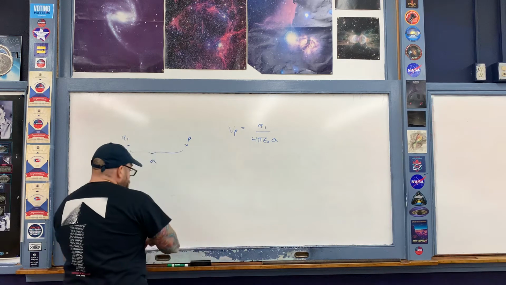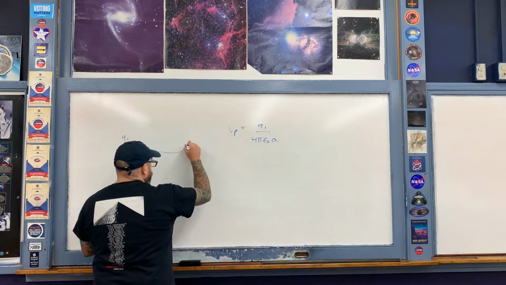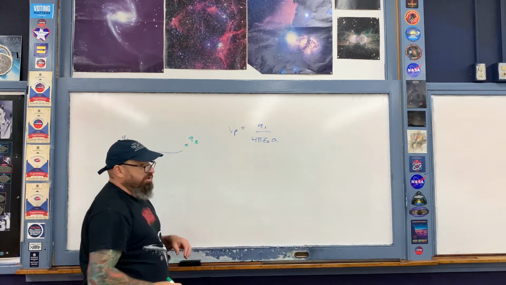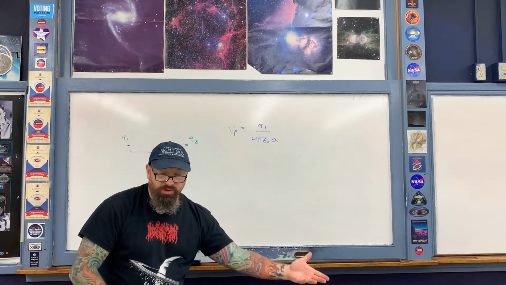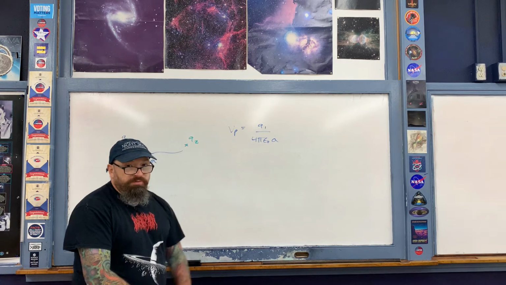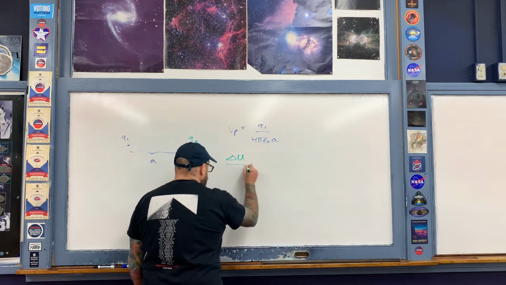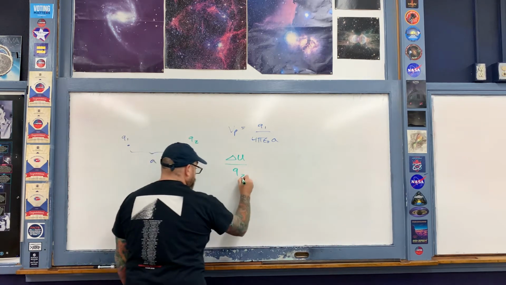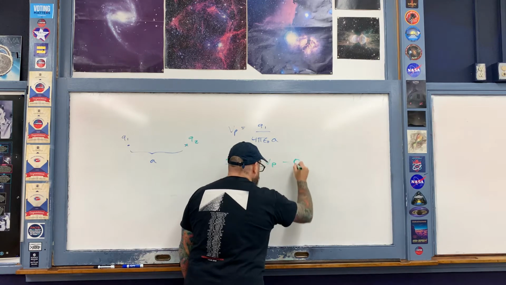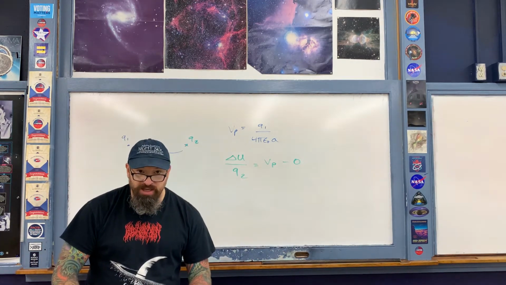So now let's go ahead and place Q2 here on the diagram like so at point P. And then let's calculate the change in potential energy as we come in from infinity, where the potential energy is 0, and then end up right here. We calculate that very simply in the following way. Change in potential energy per charge, in this case Q2, is equal to the potential difference, final minus initial, where the initial potential is 0 because that's the potential at infinity.